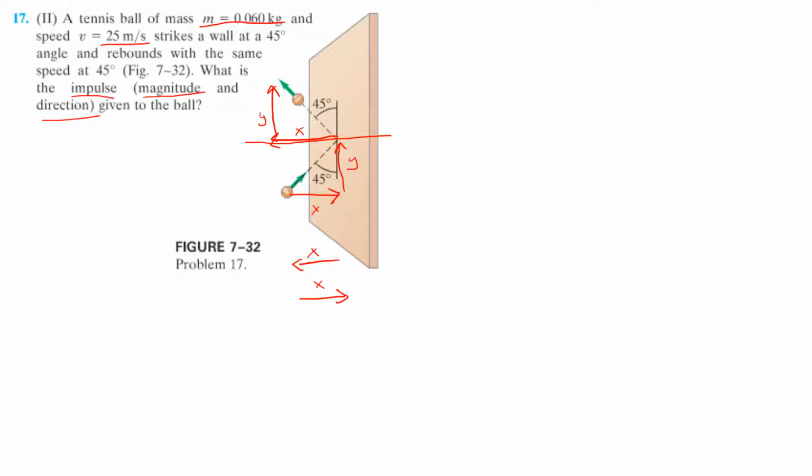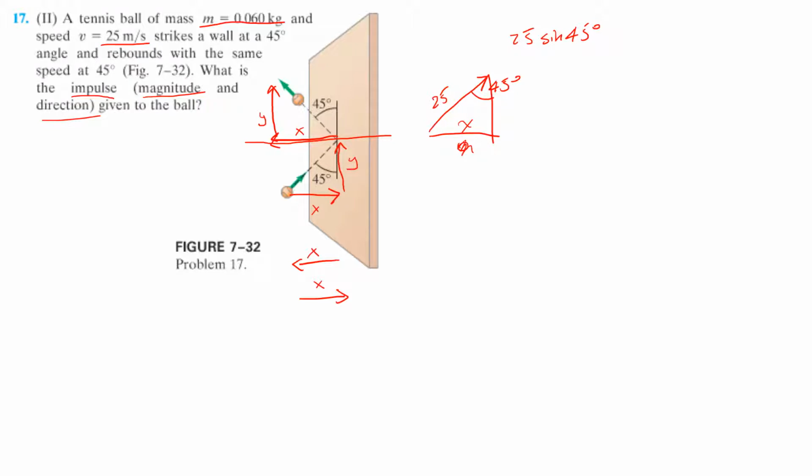And more so, if you look at the actual angle, this is 45 degrees. This vector is basically our velocity, 25 meters per second. So here, this is our opposite, this is our hypotenuse. So here, to find our x, we could just use sine, namely 25 sine 45 degrees.